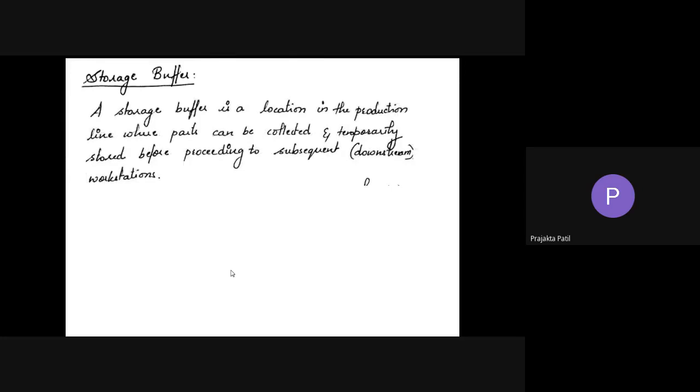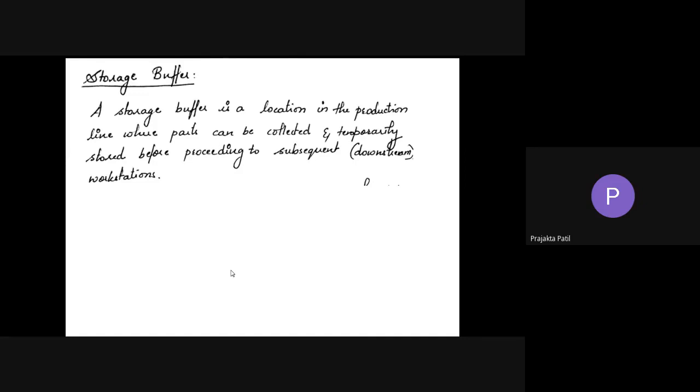A storage buffer is a location in the production line where parts can be collected and temporarily stored before proceeding to subsequent workstations. Production line is nothing but a sequence of workstations, and the part has to be moved from one station to the next in a certain sequence.